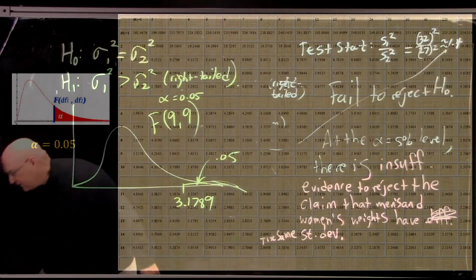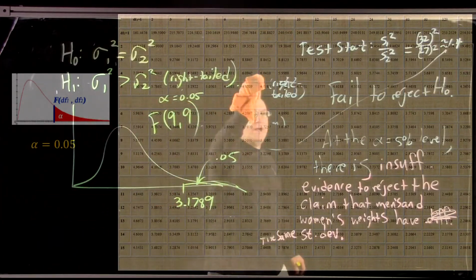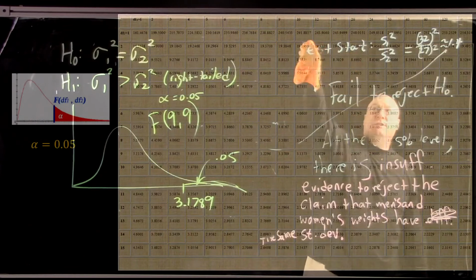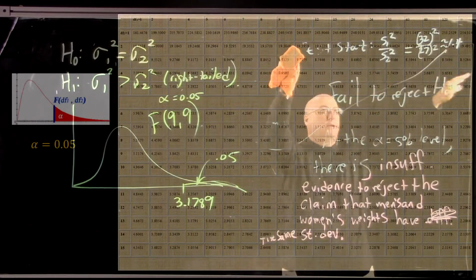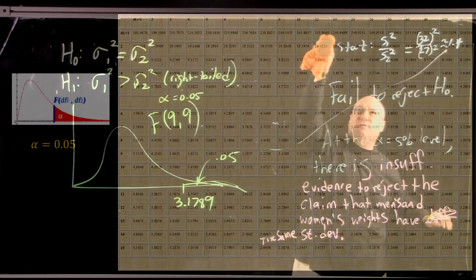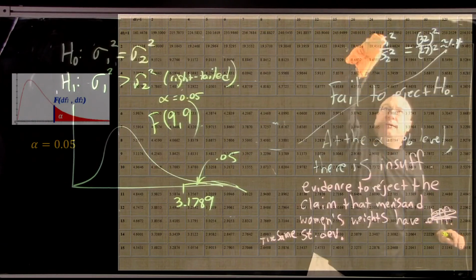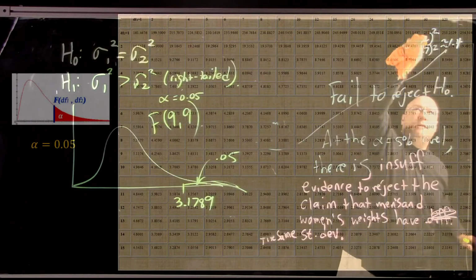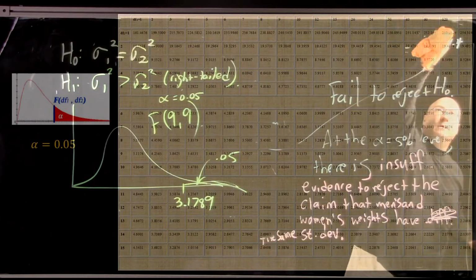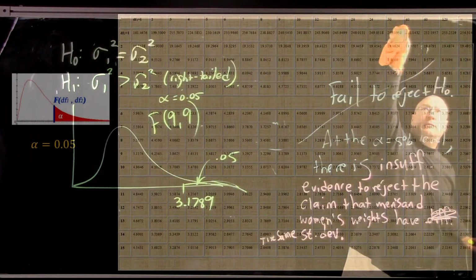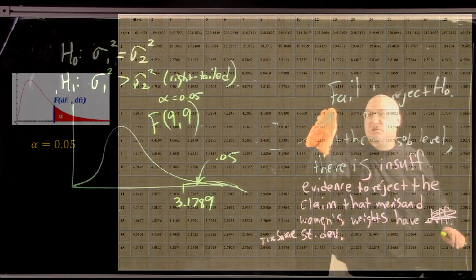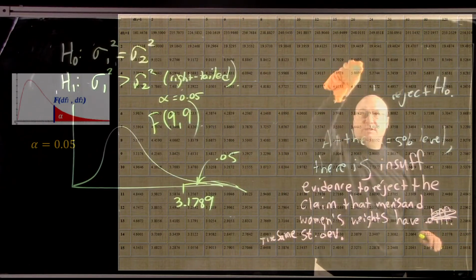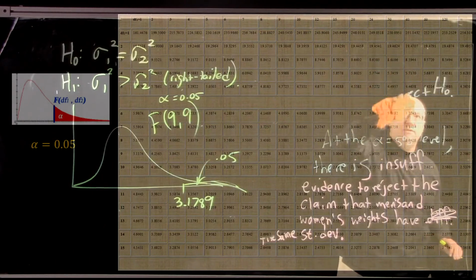Let's compute the test statistic, which is the ratio of sample variances, where we put the larger one on top. So there's the test stat. There it is from the previous problem. I'm going to erase it just to rewrite it. So notice how what we're testing in this one is variances, whereas before we tested sample standard deviations.